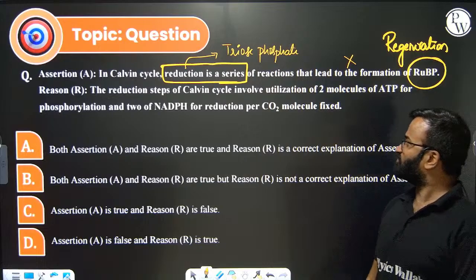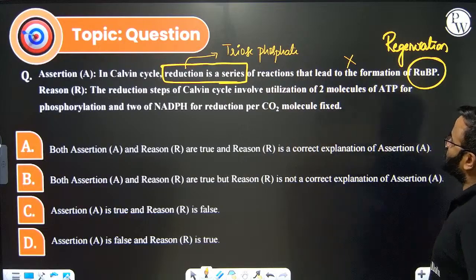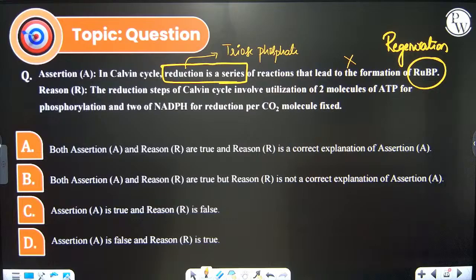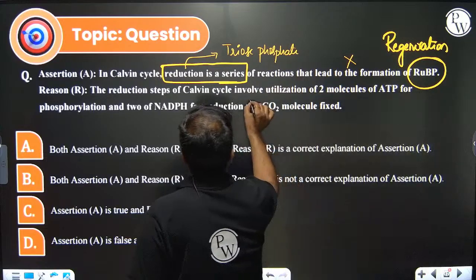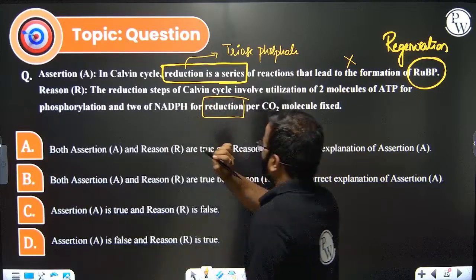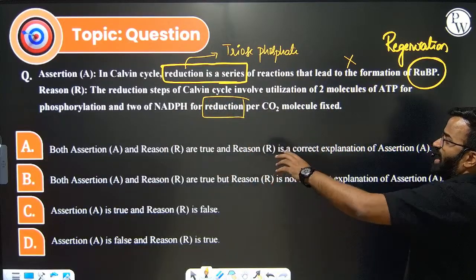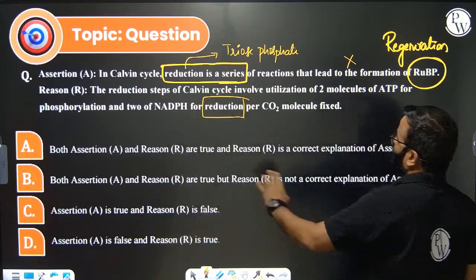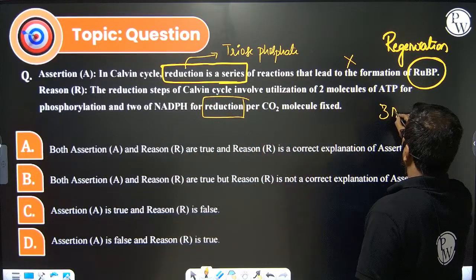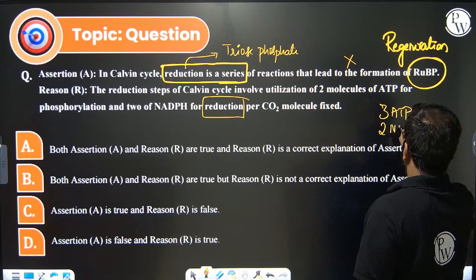The reduction steps of Calvin cycle involve utilization of two molecules of ATP for phosphorylation and two molecules of NADPH for reduction. See, be very careful. If we ask about the Calvin cycle on its whole, then we need to talk about 3 ATP and 2 NADPH.